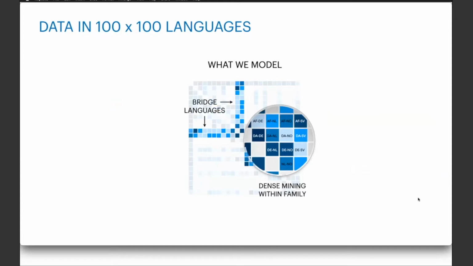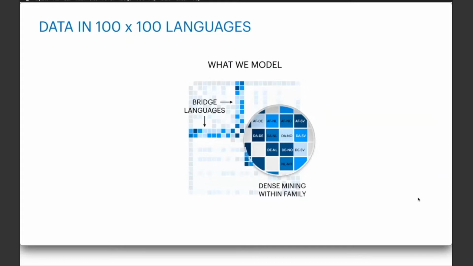So how do we decide what to actually mine? We could try to mine all different possible language directions, but we found two strategies the most fruitful. The first is bridge languages. These are essentially the major languages of the world, like Arabic, Hindi, Chinese, English, French, German, Swahili. These are languages that are commonly already translated in and out of each other, so there's a lot of data that exists in those languages that we can mine to create this pseudo translation data.